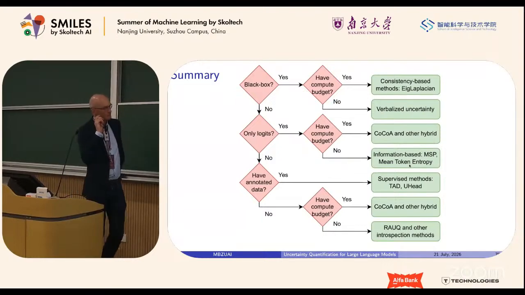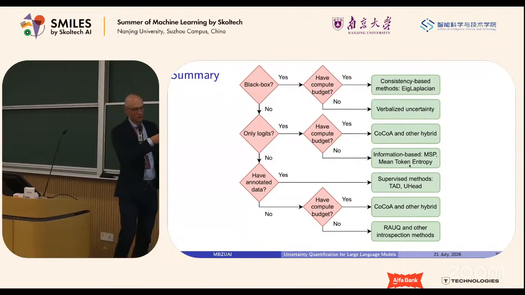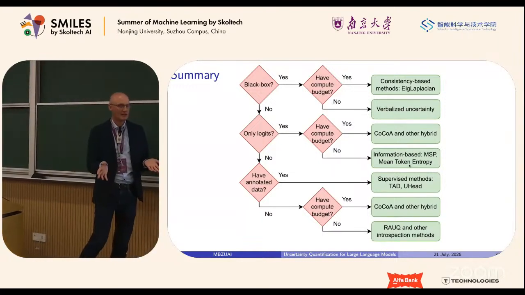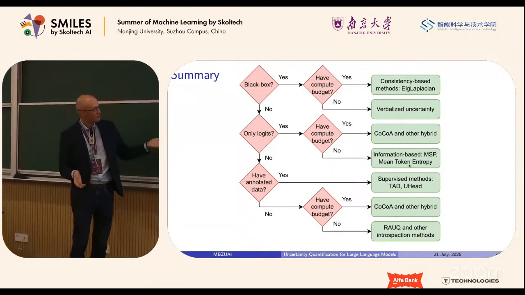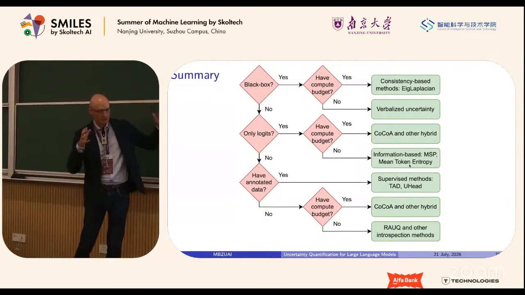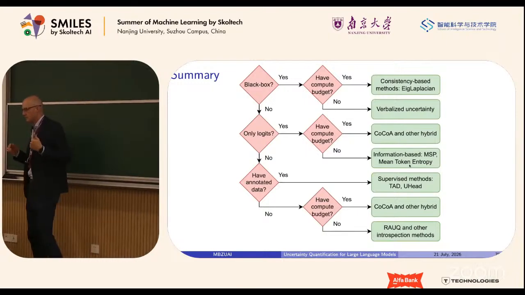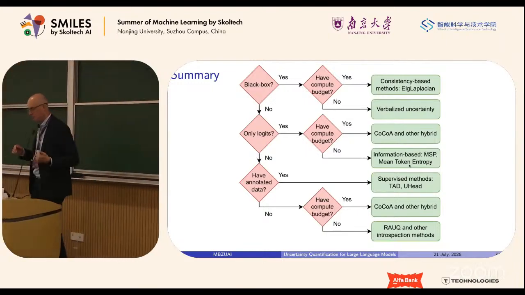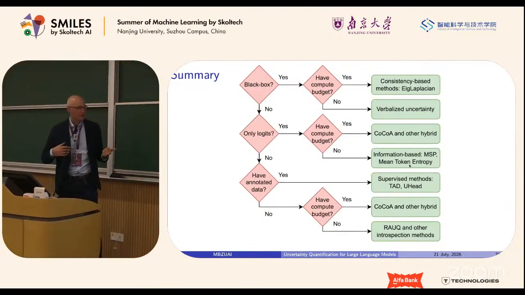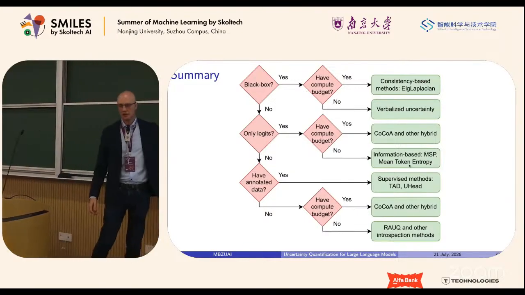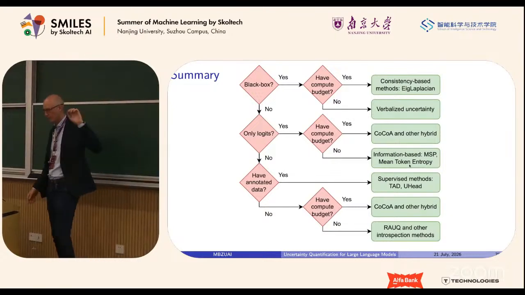If you have access to the full model, let's say you're not using ChatGPT, but you're deploying your own LLM on your hardware, then probably you have access to the internal states of the language model. And if you have some annotated data, then probably the best way of doing uncertainty quantification is training one of the supervised methods, such as the uncertainty quantification head that I presented before.